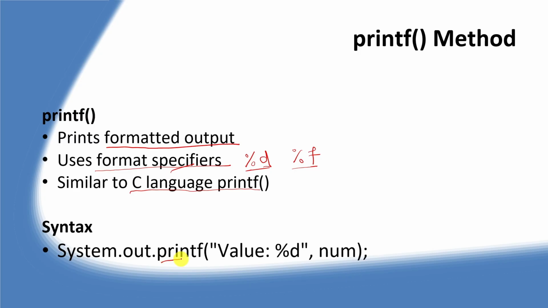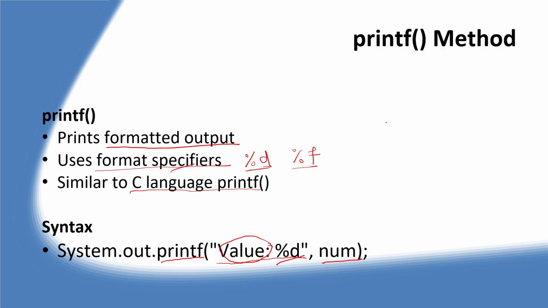Here we will use the printf method, and inside the printf method, inside double quotes, we will write a string as we do in the other print statements. But if we want to print some dynamic value, let's say a number, then we provide the format specifier saying that it is an integer type and we provide the value.